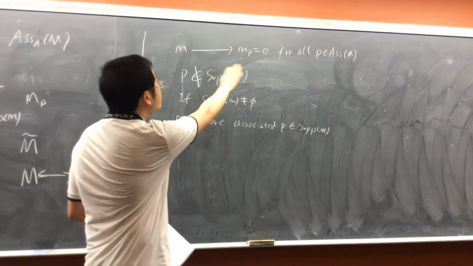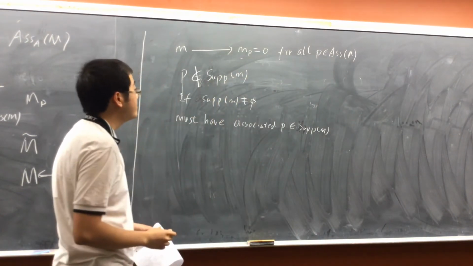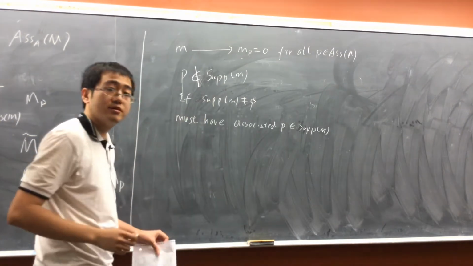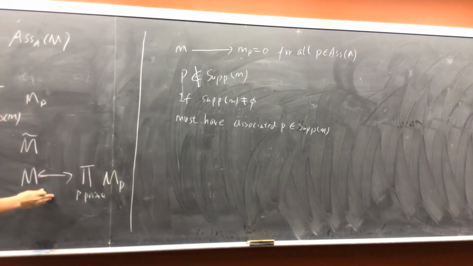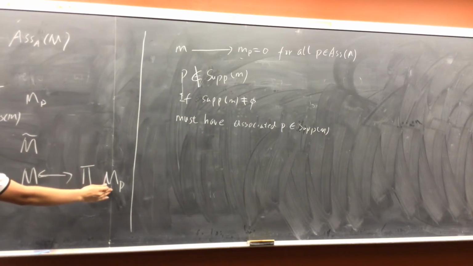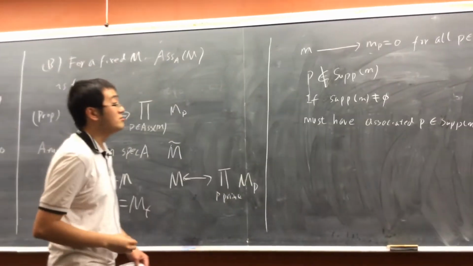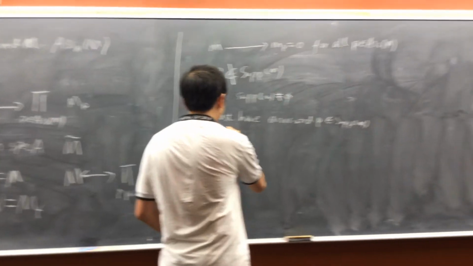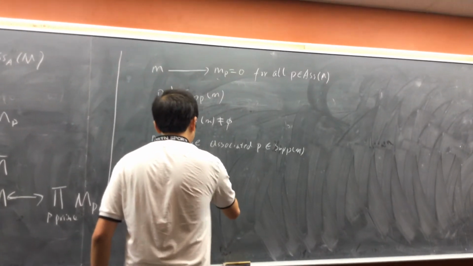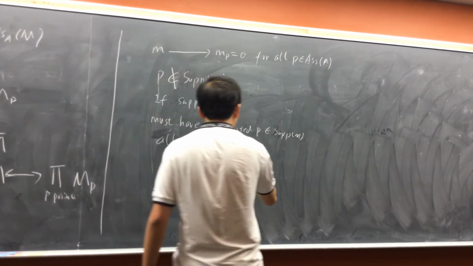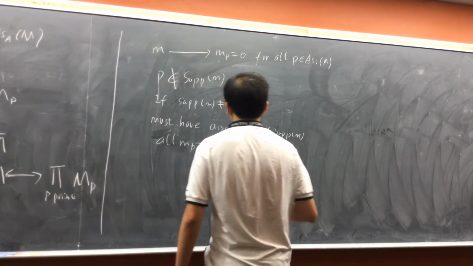So if all associated points are not in the support of M, that means the support of M is empty. That means M is supported nowhere. So from this map, we know that everything in here is 0, so M is 0. So all M_P equal to 0 means M is 0.